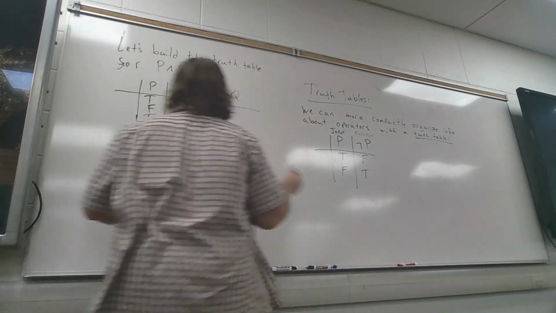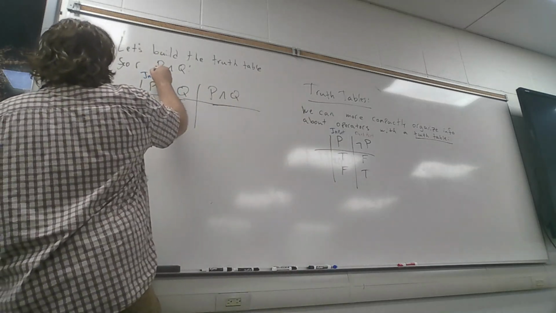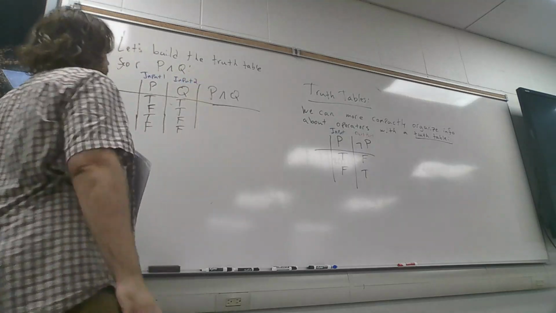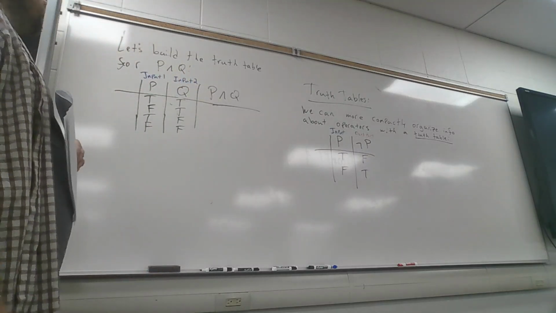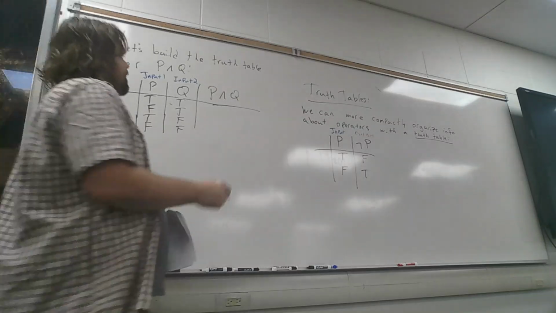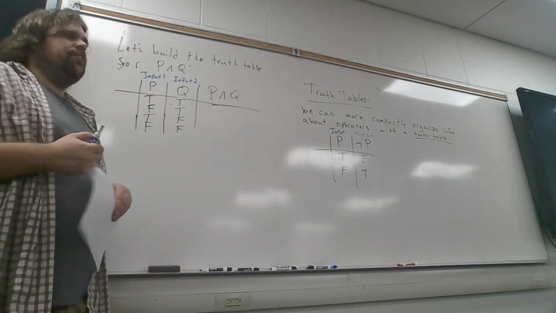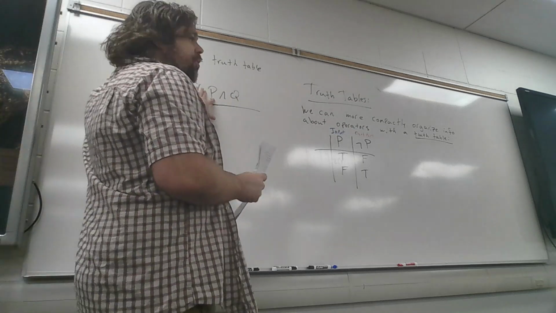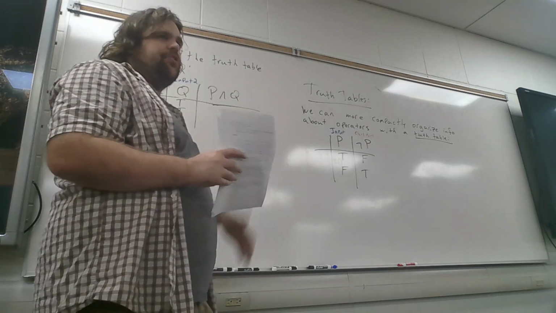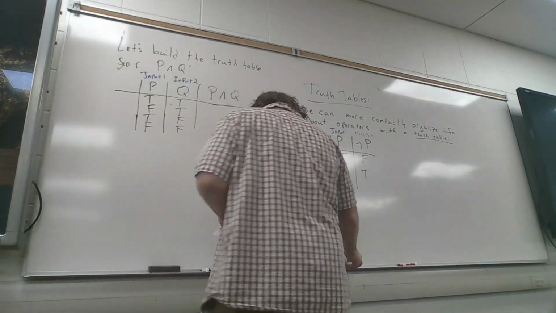So this time we have 2 inputs, input 1 and input 2. The reason why I'm phrasing it that way is when we have more complex statements than just P and Q, thinking of it in terms of this is input 1 and this is input 2, and I AND them, just makes it easier to build truth tables.